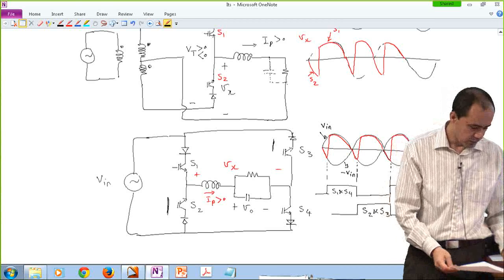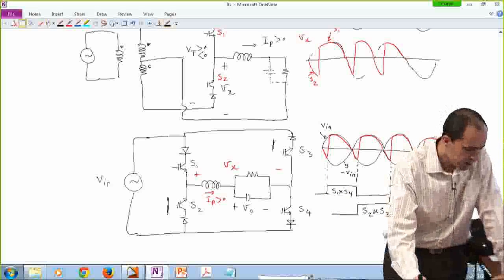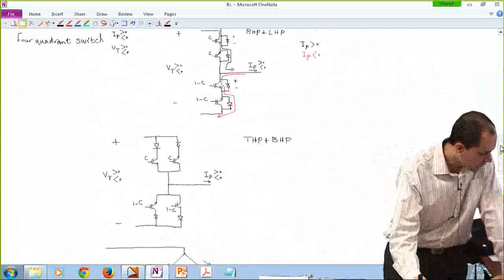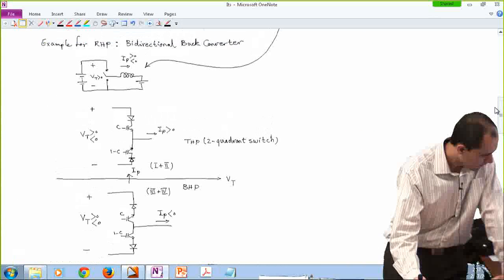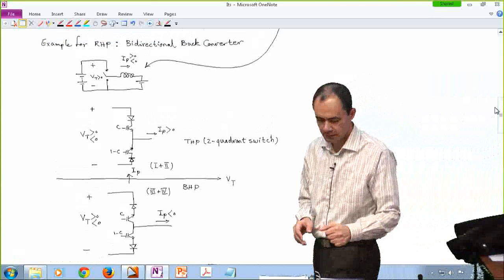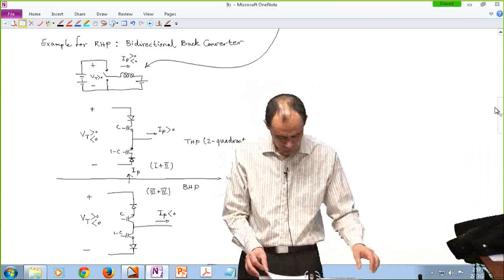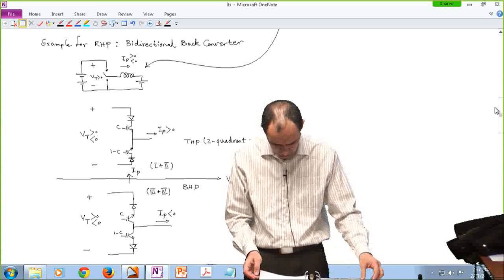So this was an example of a top half-plane switch, which could be used in a rectifier application. Okay? Any questions? Or I feel like I have one more example.